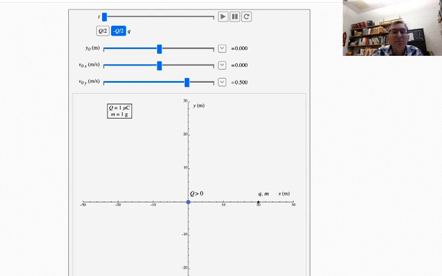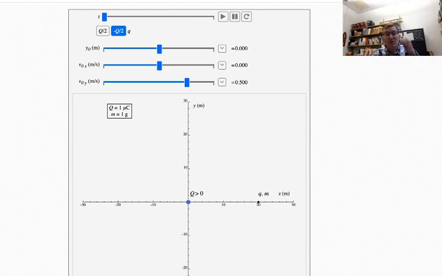And then there's another particle. It's a very small dot. It's got charge little q and mass little m, where m happens to be 1 gram. And little q happens to be, based on the animation, negative big Q over 2.